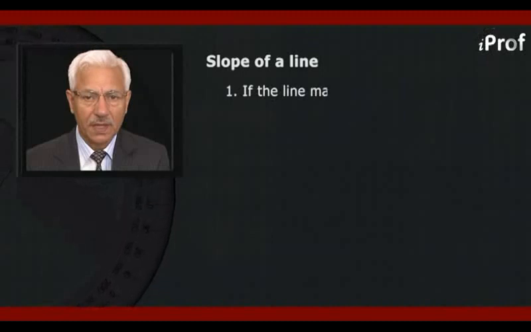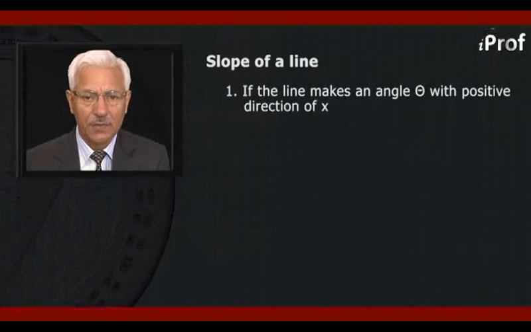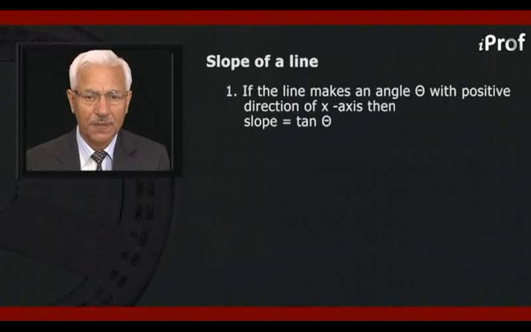As discussed earlier, slope of a line is discussed below. If the line makes an angle theta with positive direction of x-axis, then slope is equal to tangent theta is equal to m.